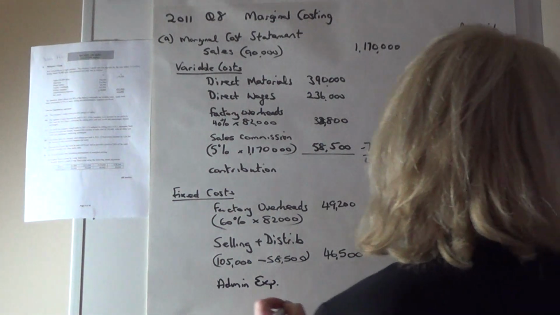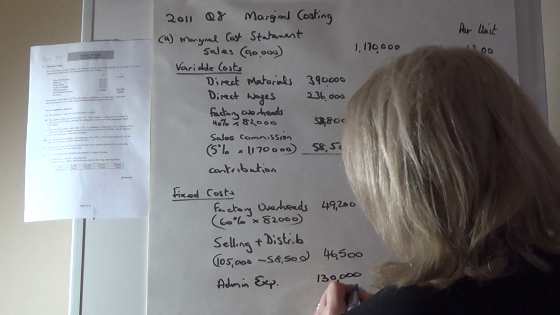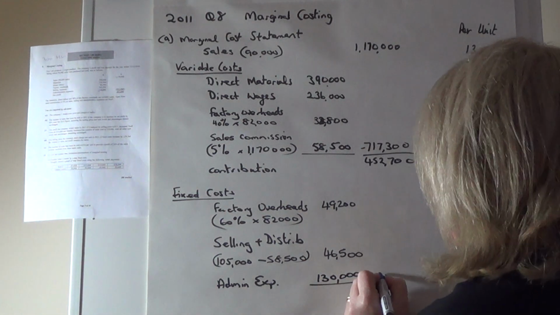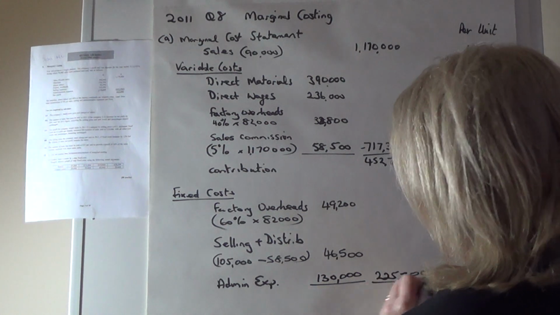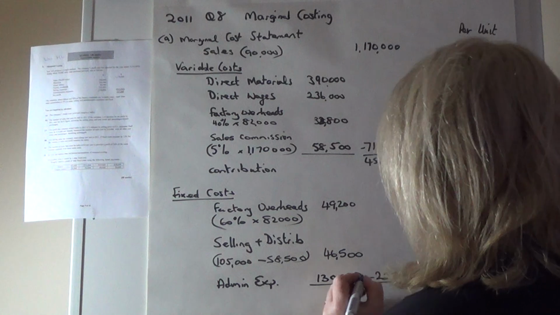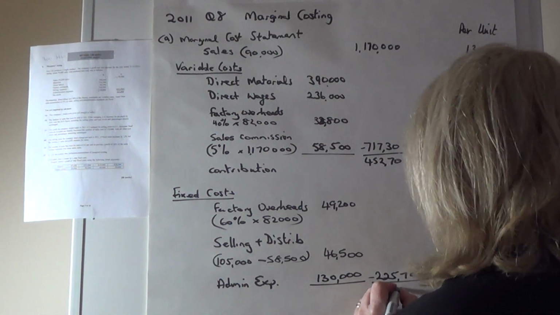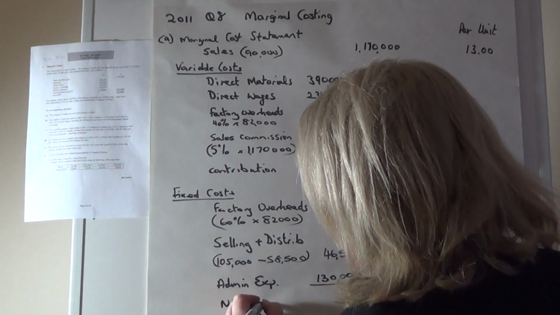And the admin expenses are listed at 130,000, so we can simply slot those in. So fixed costs then coming to 225,700, and that leaves us then, we subtract that again, we'll have our net profit at 227,000. So that's our net profit.